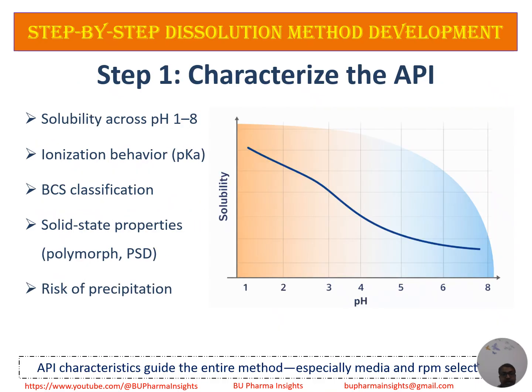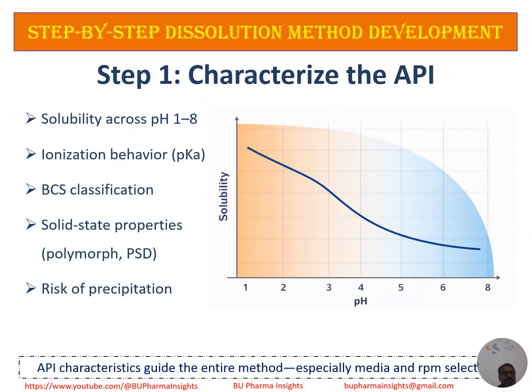So first step is to characterize API. Actually, API properties drive dissolution behavior, such as weak acids dissolve faster at higher pH, while weak bases dissolve faster at lower pH.